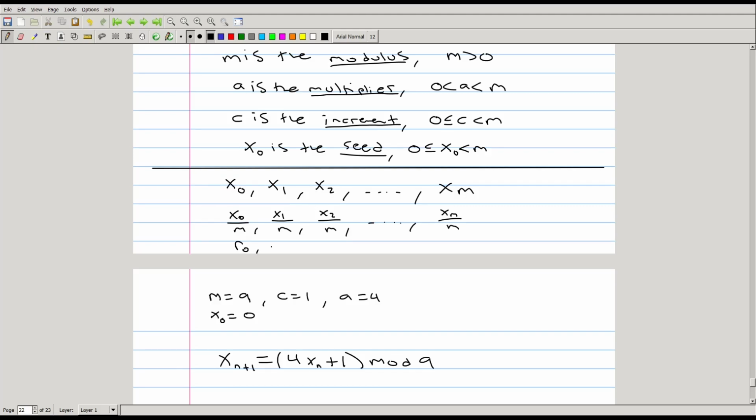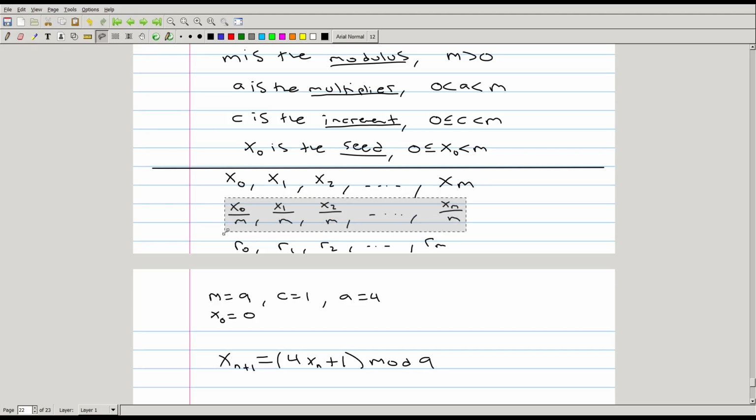In this sequence, R0, R1, all the way up to Rm, of these values are all going to be random numbers, specifically random rational numbers that are between 0 and strictly less than 1, because each value xm is strictly less than the modulus.